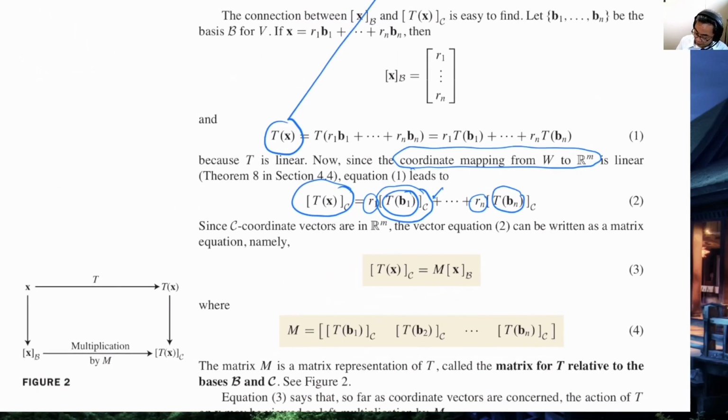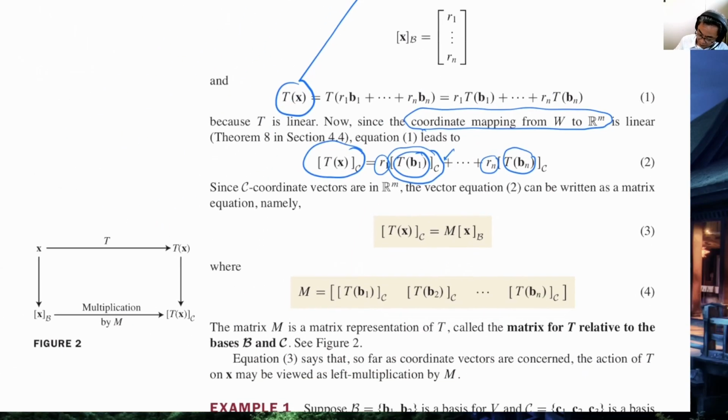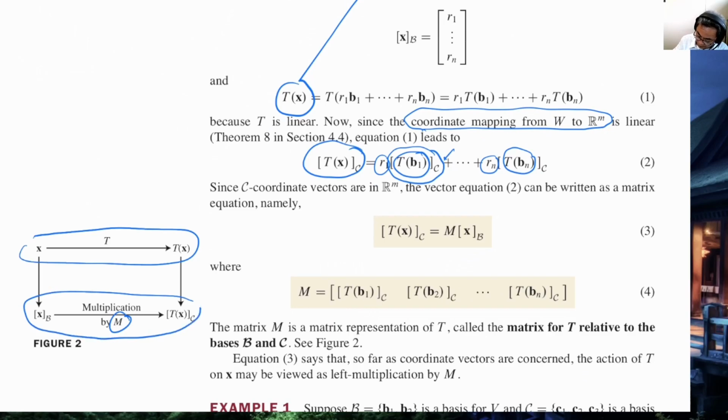Finally, the whole transformation can be represented simply by a matrix from [X]_B to [T(X)]_C with respect to the multiplication matrix M. M is this matrix: [T(B1)], [T(B2)], up to [T(Bn)] in the C basis.